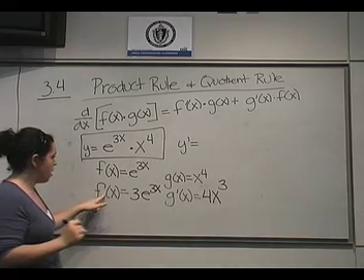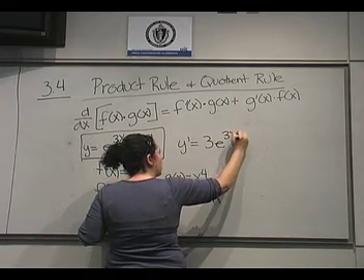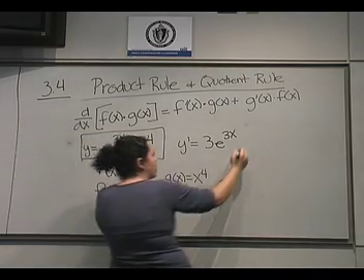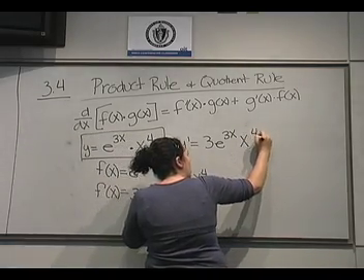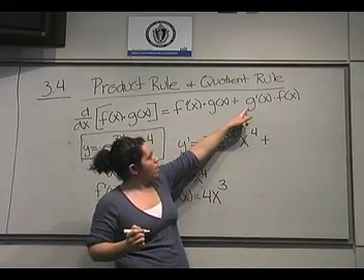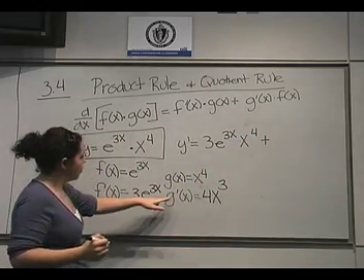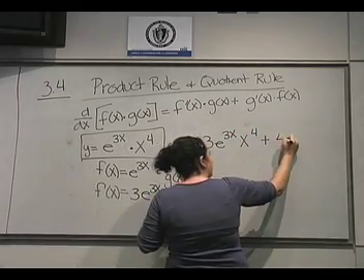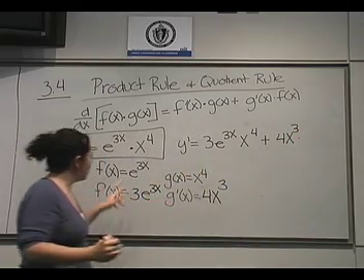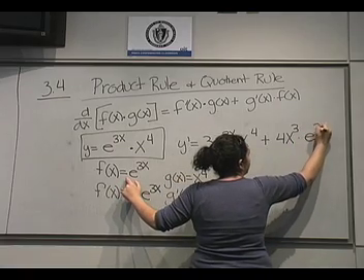So we find our f prime, which is 3e to the 3x times g, which was x to the fourth, plus the second part of our formula says g prime times f. So we go to our g prime, which is 4x cubed, times f, which was e to the 3x.